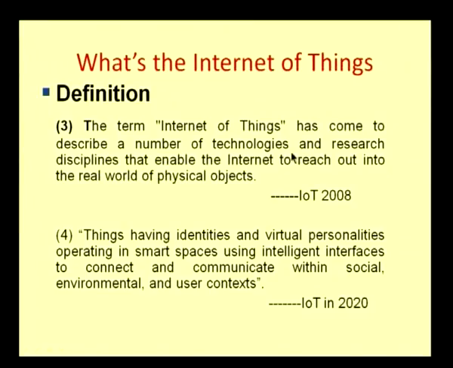The term Internet of Things has come to describe a number of technologies and research disciplines that enable the internet to reach out to the real world of physical objects. The internet is reaching the table, not only to the computer, to your table, to your book, to your bag, to your dress, to each and every entity we are using every day, to your food.